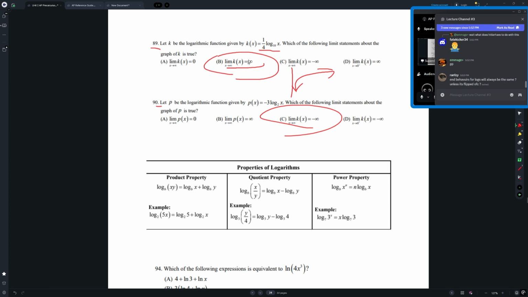For this example, the limit as x approaches 0 of k of x is going to be negative infinity. And no, the fraction doesn't flip it. It just makes it more condensed.